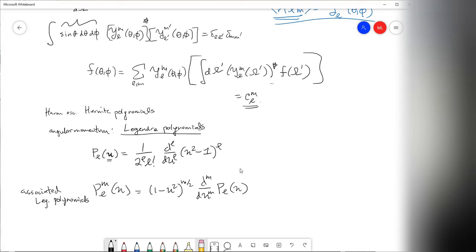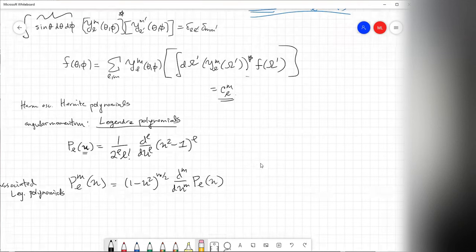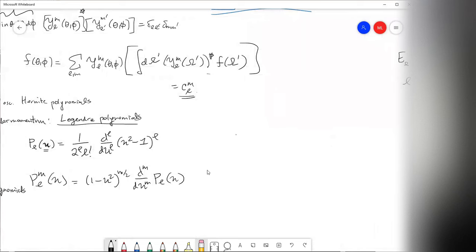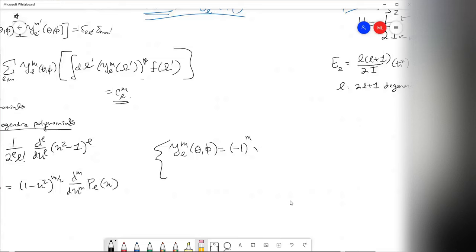So they're just some polynomials that you can derive in a way quite similar to how we derived the eigenstates of the harmonic oscillator, but it's more complicated because you have two quantum numbers here, L and M. I won't do this, it's a little too technical, but in the end what you can show is that the spherical harmonics are given by minus 1 raised to the m power, times a funny normalization, the square root of 2L plus 1 over 4 pi, times L minus m factorial over L plus m factorial, and then these associated Legendre polynomials of cosine theta.